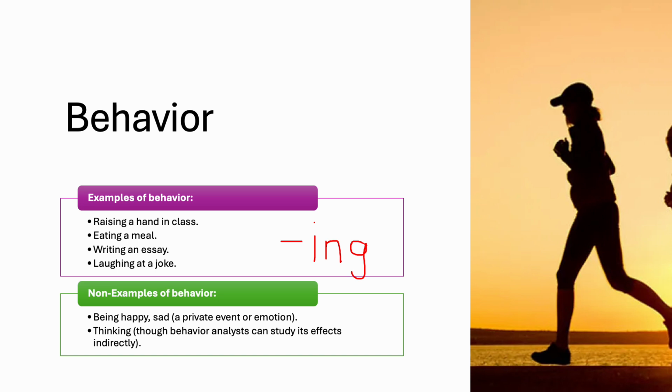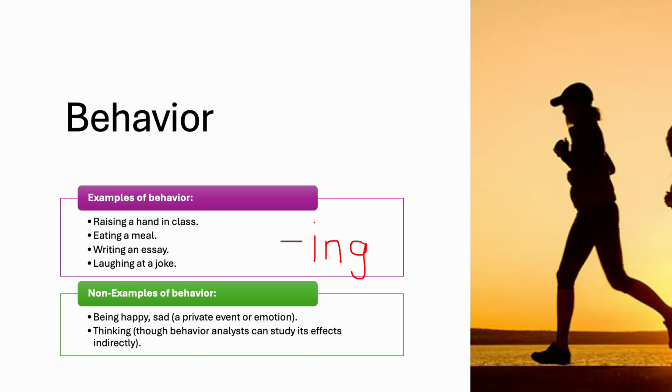There are some exceptions to this, like laying down. Laying down is not necessarily a form of behavior, because a dead man can do that. I don't know if you've ever heard of the dead man test, but the dead man test says basically that if a dead man can do it, then it's not a form of behavior. And laying down is something that a dead man can do.